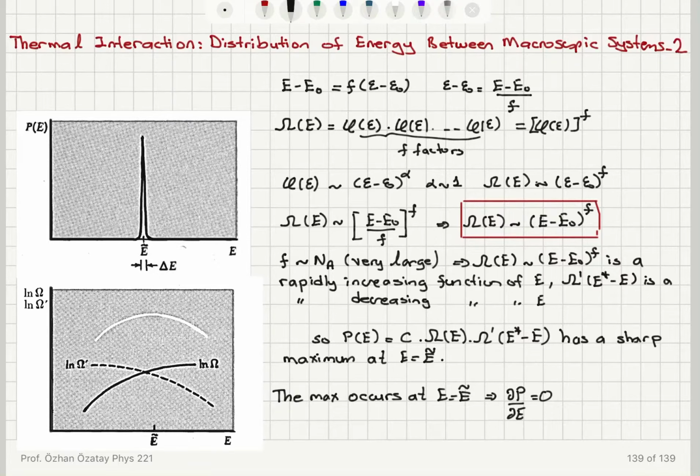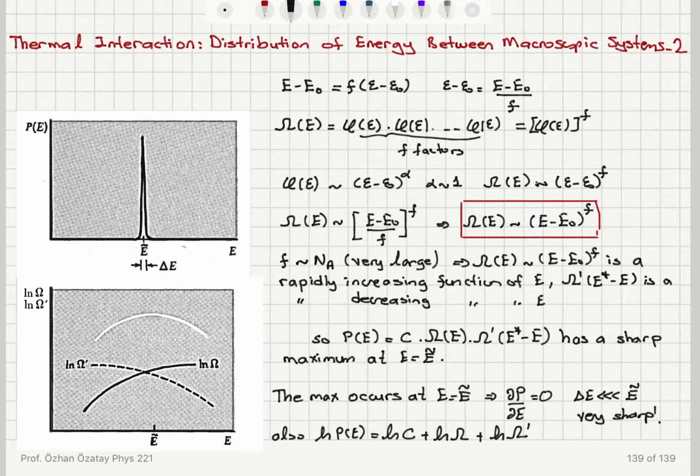So it has a maximum, and the width of this peak, delta E, is much less than E tilde. It's a very sharp peak. All right. And on the other hand, if you consider the natural logarithm of the probability of E, you will have the natural logarithm of C, the natural logarithm of omega, plus the natural logarithm of omega prime.